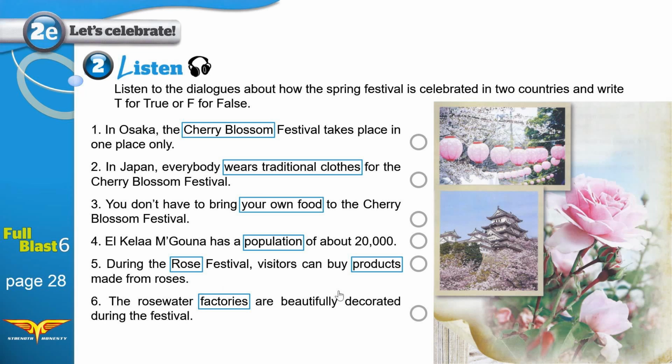It's in a small city called El Kalamaguna, which is famous for its roses. About 20,000 tourists visit it every year. And what can you do during the festival? Well, we visited some rose water factories and bought some products made from roses, like soap and cream. That's nice. And the city is decorated very nicely. It's all really colourful and smells great too. Sounds like you enjoyed yourself. You can say that again.